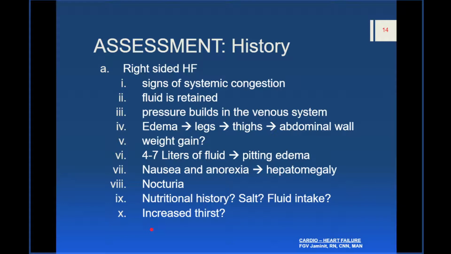Hindi lang sa lower extremities but all over the body, no? So check if there would be fluid retention, pressure builds up in the venous system. Check for edema sa legs, sa thighs, or even at the abdominal wall. This is one good example of assessing fluid retention, yung number 5, weight gain.